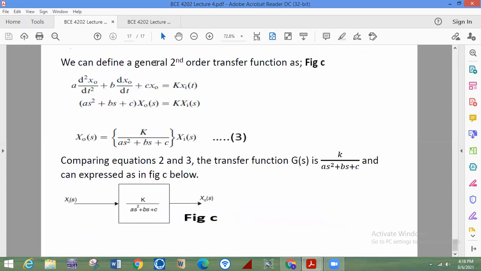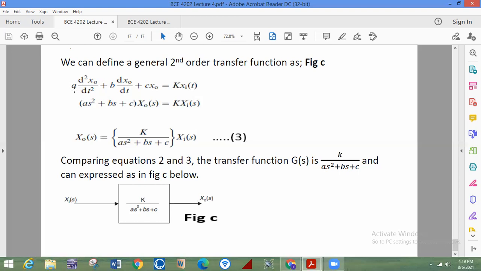We can define a general second order transfer function as in figure C. The general second order transfer function is given by this equation, where you have a times the second derivative of our function with respect to t, plus b times the first derivative of our function with respect to t, plus c x naught.